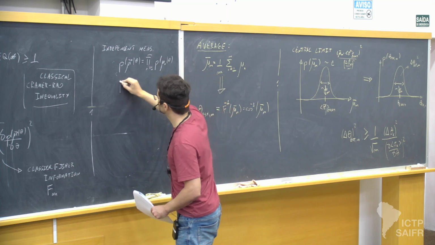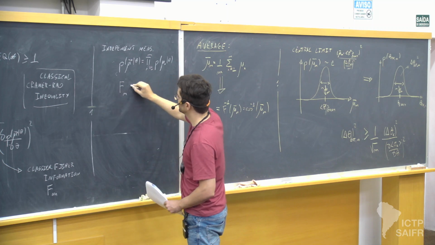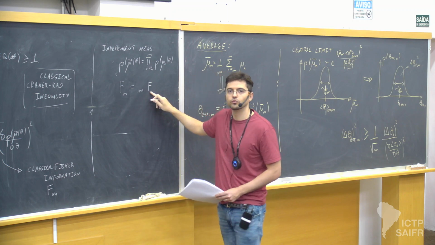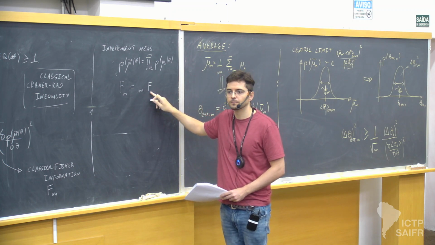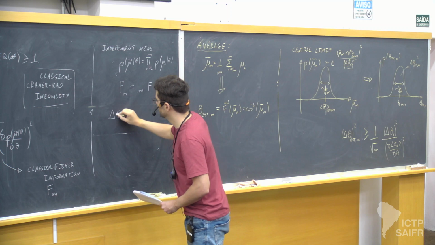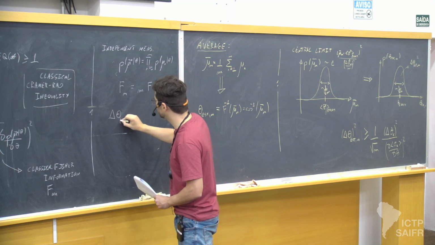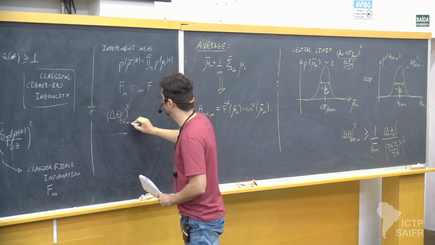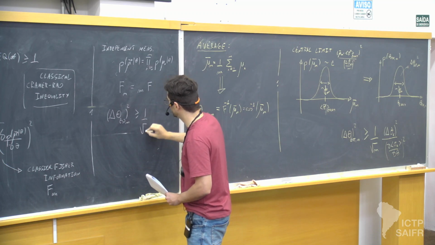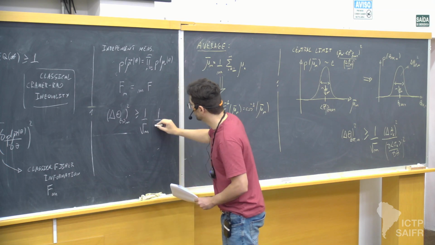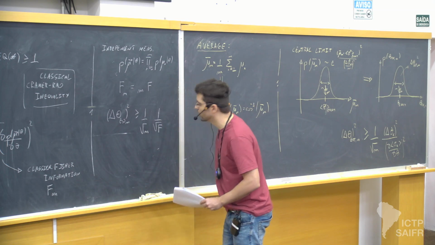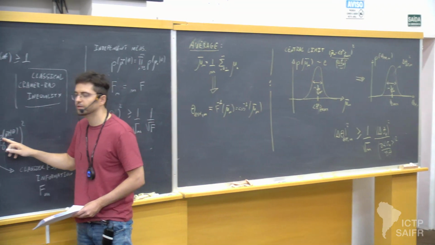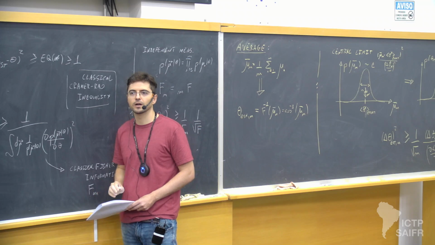And then we can see that the Fisher information for m outcomes is just m times the Fisher information for a single outcome, okay? And then the Cramer-Rao bound simplifies to say that the uncertainty, given m outcomes, is always larger than 1 over square root of m times 1 over the square root of the classical Fisher information for a single probability distribution, that you use in the derivative or in this weird integral here as well.